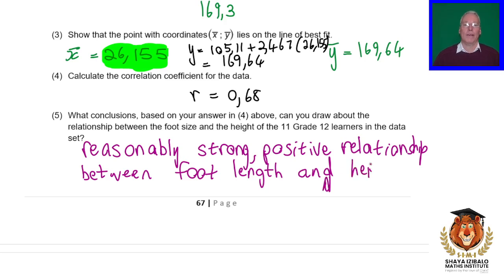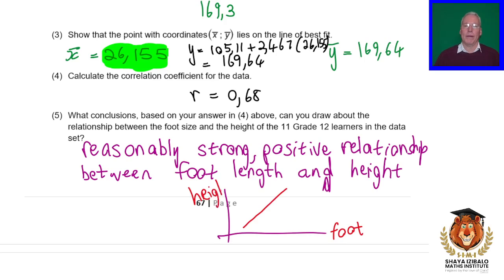And just to emphasize, the reason it's a positive relationship, if we had to plot this line, it would go uphill. In other words, as foot length gets bigger, so does height get bigger. Right, so it's got a positive gradient.